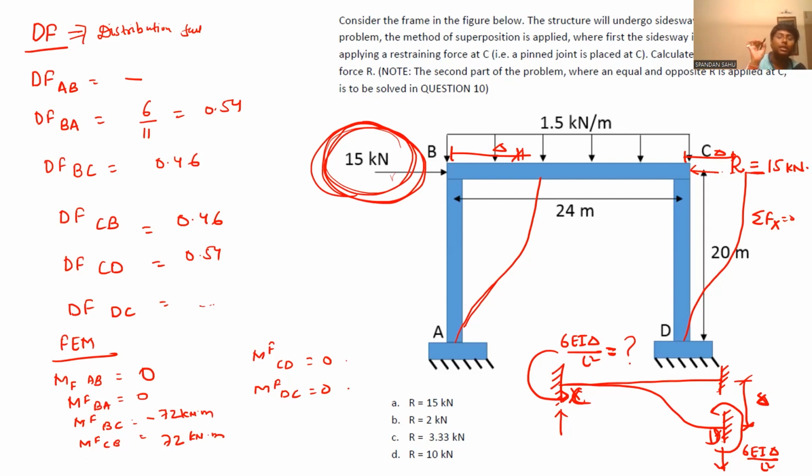Same thing, right? In displacement methods, your unknowns are displacements. But once you know the unknown displacements, you can analyze the complete structure.